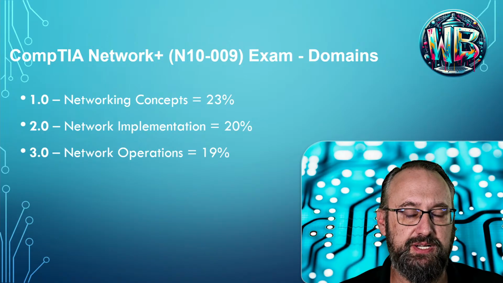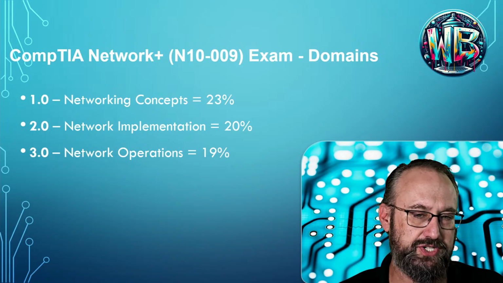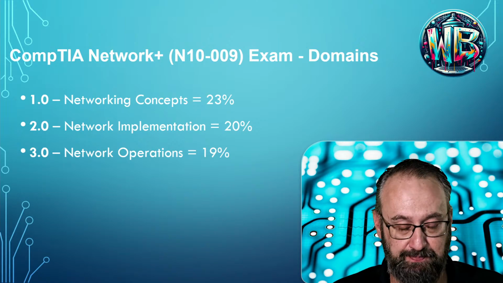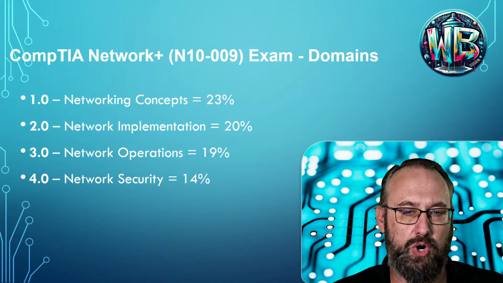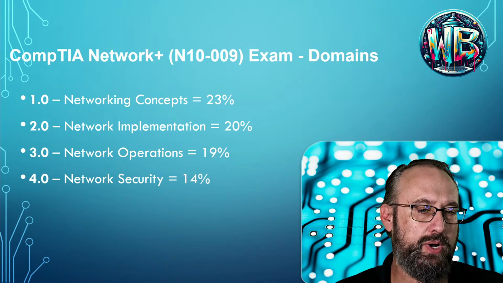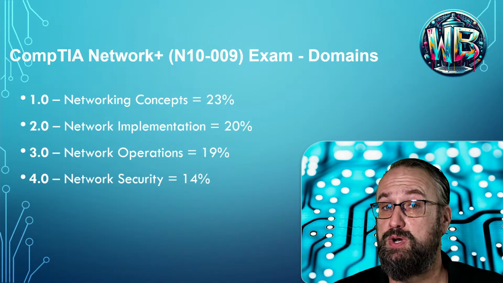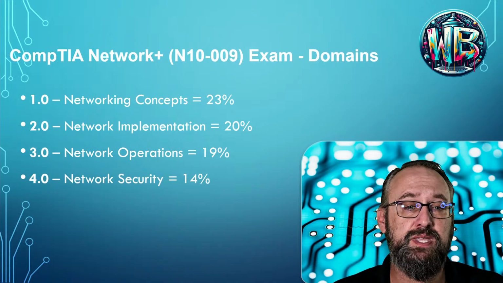This is the network operations portion of the exam, and it sits at 19%. Then coming in at the smallest weight of the overall exam is domain 4.0. Domain 4.0 is network security, and that ranks in at around 14% of the overall exam.